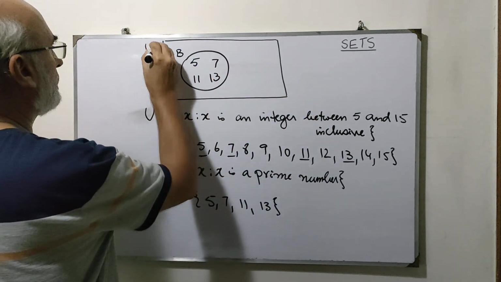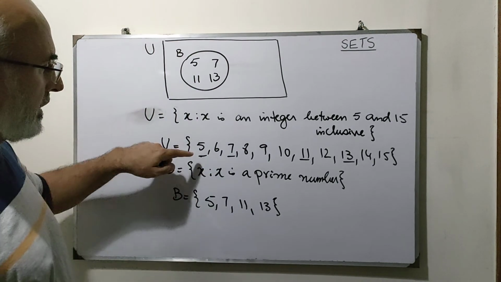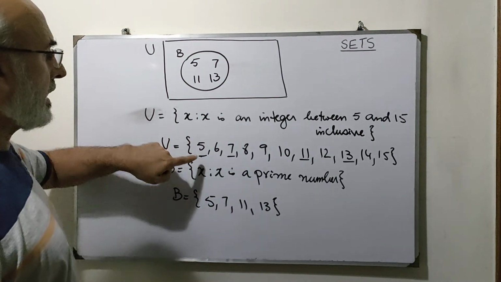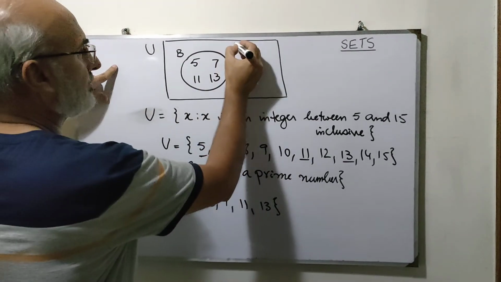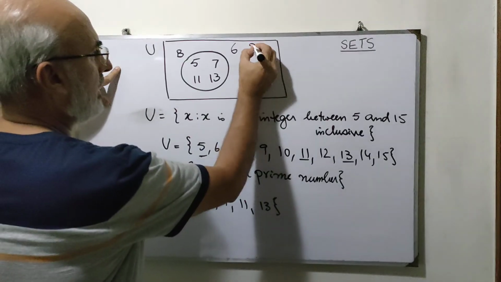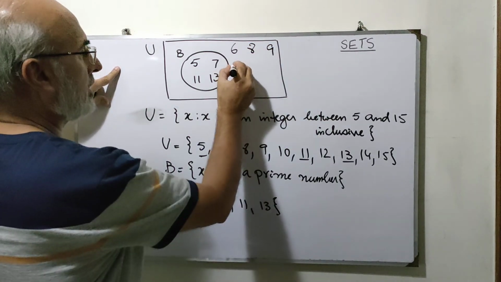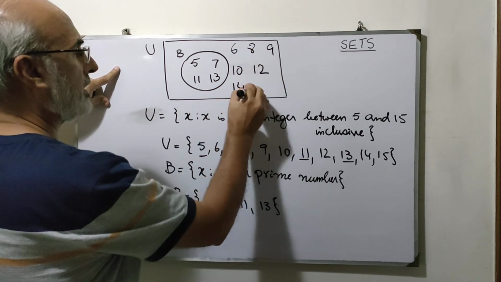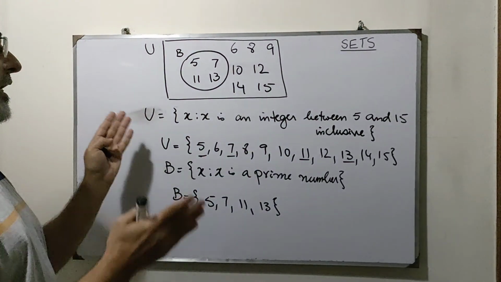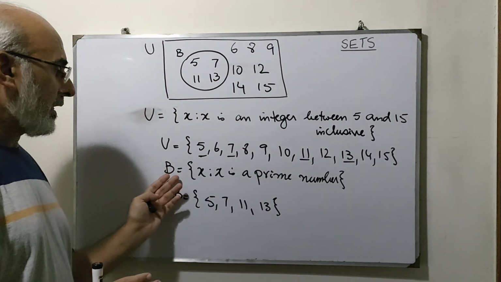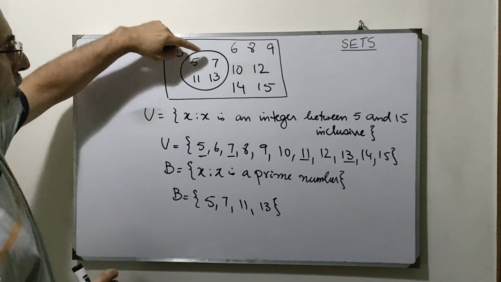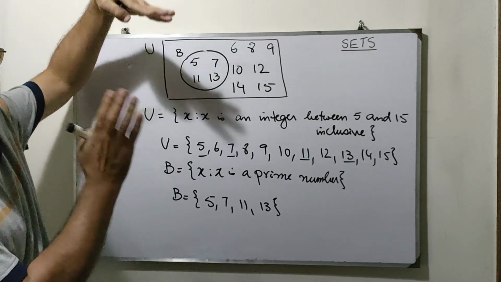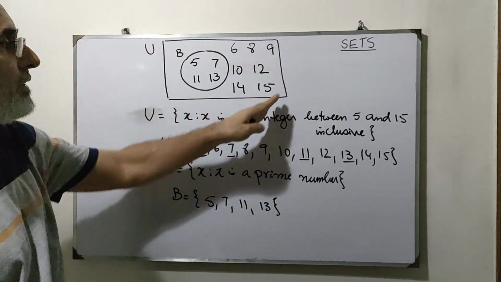Okay, this is U. And now I have to see what other than this is remaining. So starting with 5, 5 is already there, then 6, 7 is there, 8, 9, 10, 11 is there, 12, 13 is there, 14 and 15. So this completes our universal set and another set which is a subset of it. This B set is a subset of the universal set, right? Which is a part of that universal set. This is the set and this is the universal set, right?